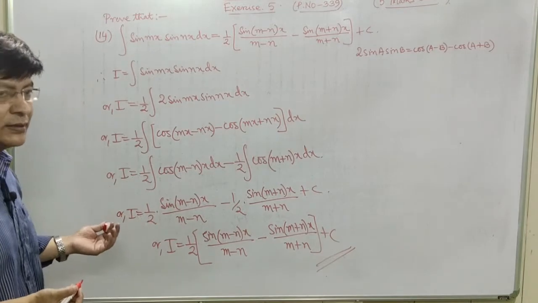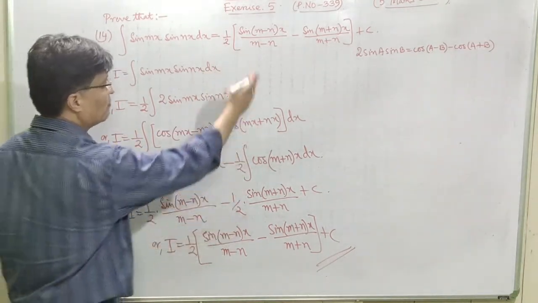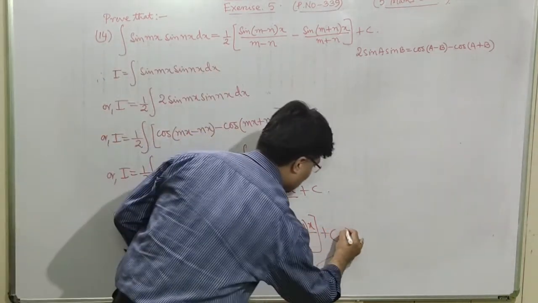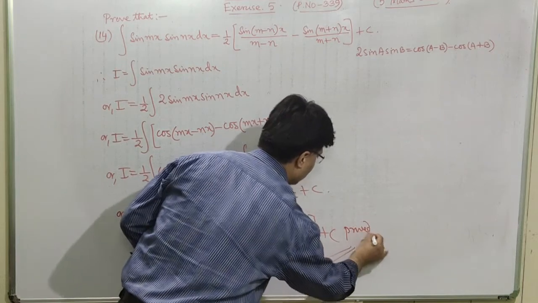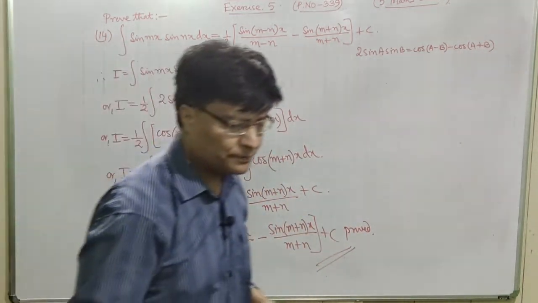So it is proved, isn't it? Half sin (m minus n) into x divided by (m minus n) minus sin of (m plus n) into x divided by (m plus n) plus c. So it is proved. Okay, so you can copy it. Now we'll do the next question.